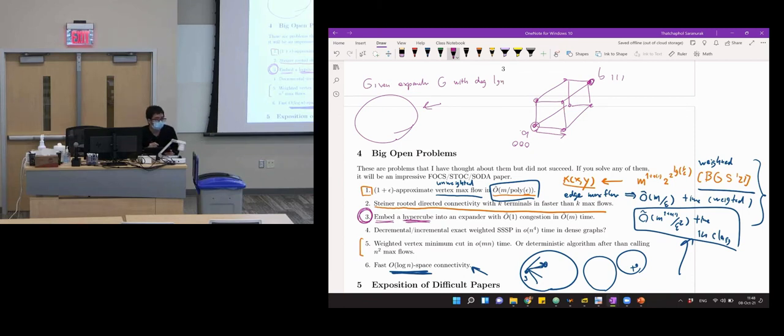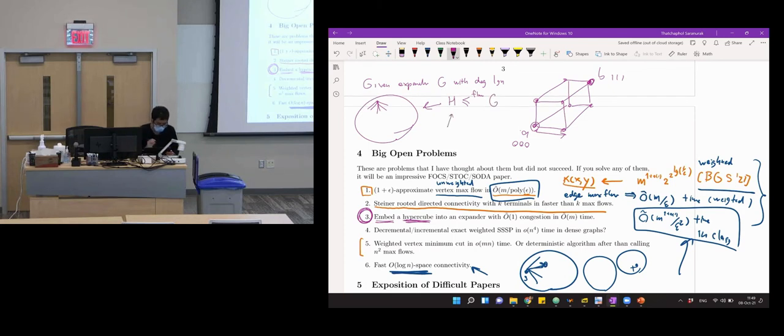So everyone has degree log n. Then we know from class that you can embed hypercube into G, right?